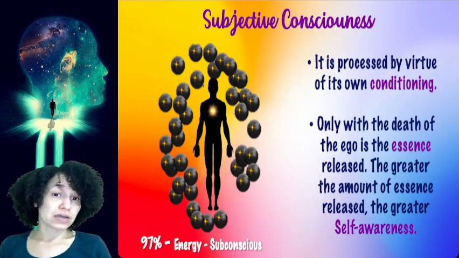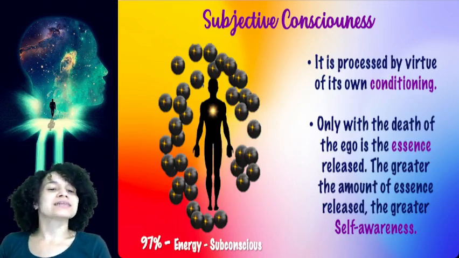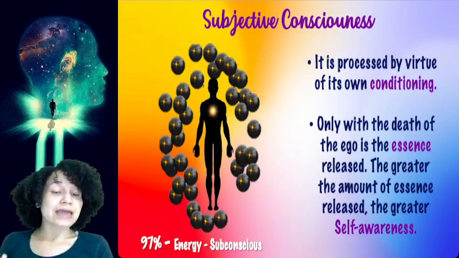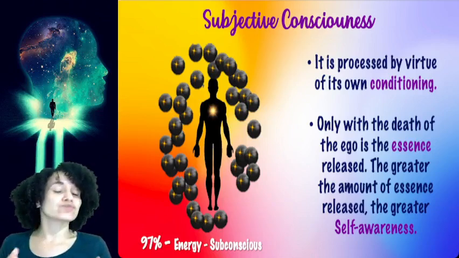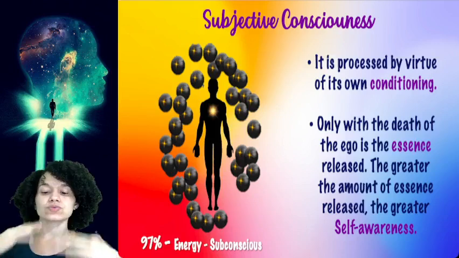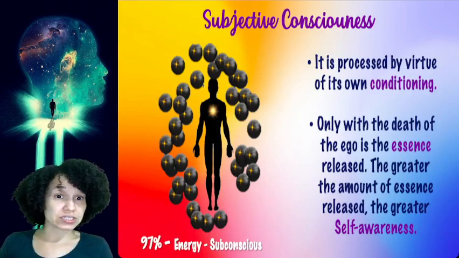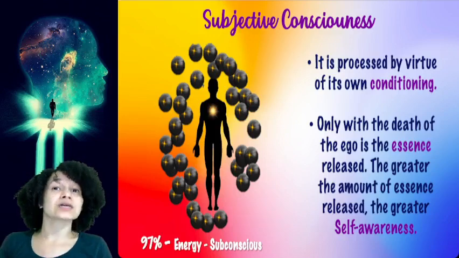And it happens that only with the death of the ego is the essence released. And the greater the amount of essence released, the greater the self-awareness. Okay? So if we want to really have consciousness, if we really want to awaken consciousness, we need to eliminate our psychological defects.